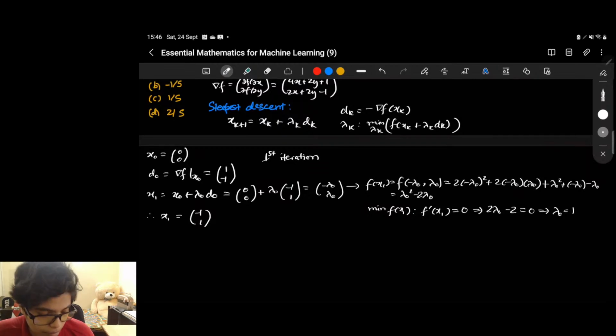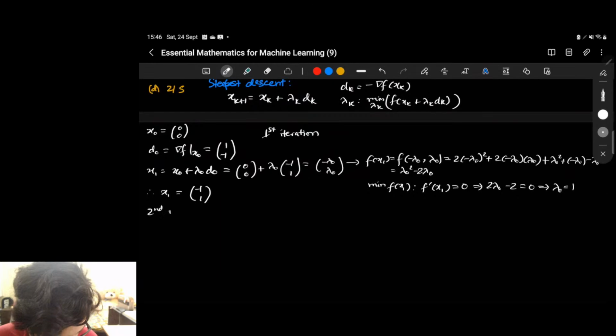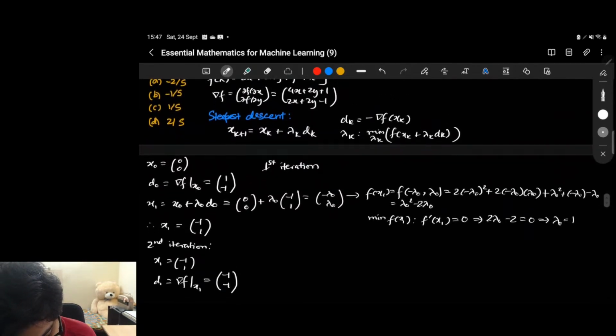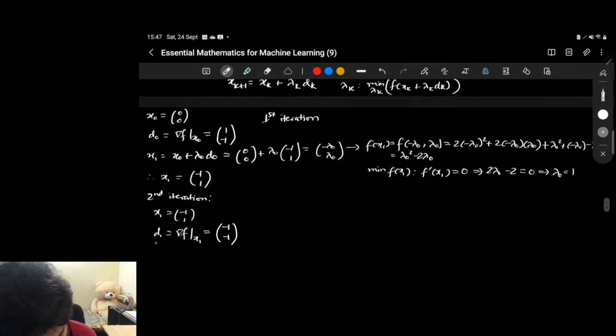We need to find out the second iteration. So for this we have x1 equal to minus 1 and 1. d1 is the negative gradient of f at x1, which is minus 1 minus 1. And then x2 is x1 plus lambda 1 d1, which is equal to the following.